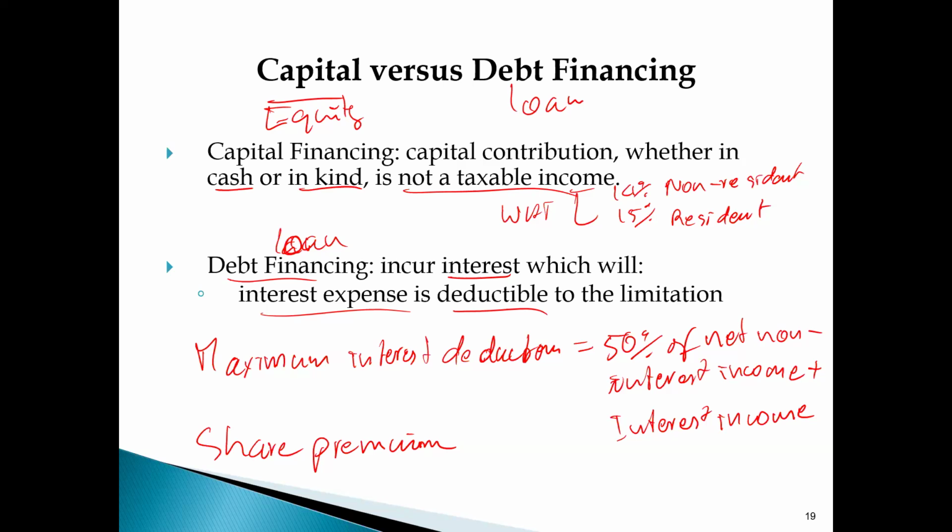So later, after the company starts operations, the company may sell more shares because they want more equity. They will issue shares to investors. If that investor pays more than the par value, the excess amount is called share premium.